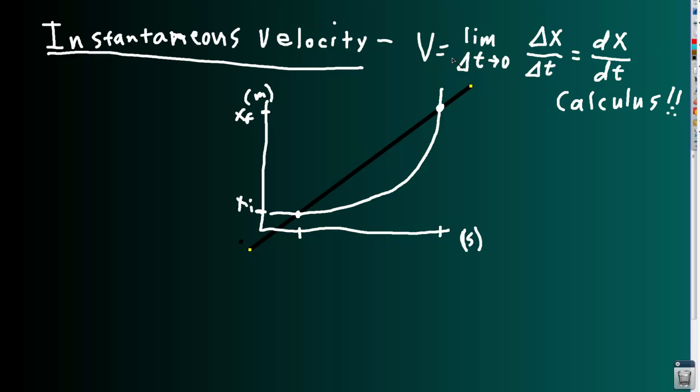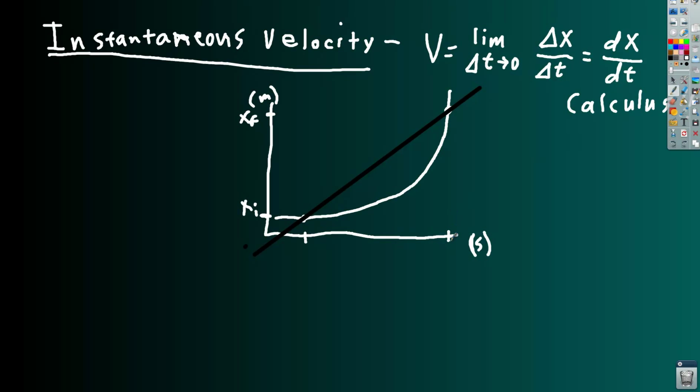Well, calculus speak, this is saying as delta t, as the change in time approaches 0, what that means is this distance from here to here approaches 0, or this line right here slowly moves little by little this way.